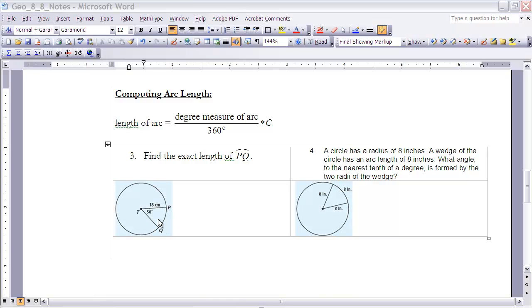The way that I can do that is by looking at what fraction of the circle it is, and then taking that fraction times the circumference. Whatever the measure of the arc is, in this case, like down here, it's 50, I put that number on top over 360, because that will give me what fraction of the circle it is, and then I can multiply it by the circumference.